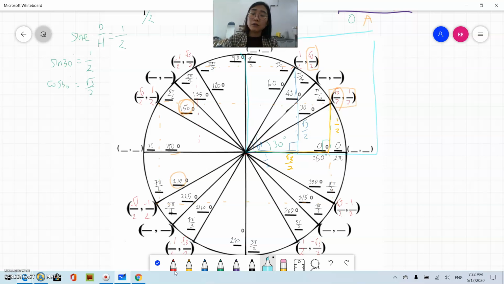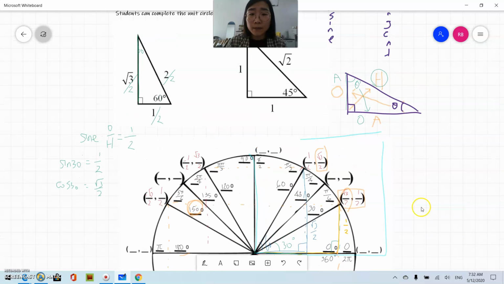So you don't have to re-memorize the second and third and fourth quadrant. You can just simply use the logic in the coordinate plane, because the numbers won't change. You keep seeing the square root of 3 over 2 and 1 over 2, right? It's because it's a ratio, so it doesn't change. It's just the positions have changed.